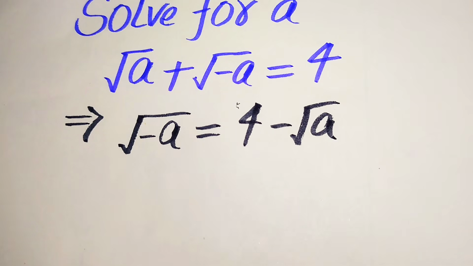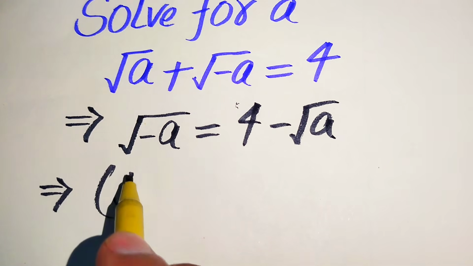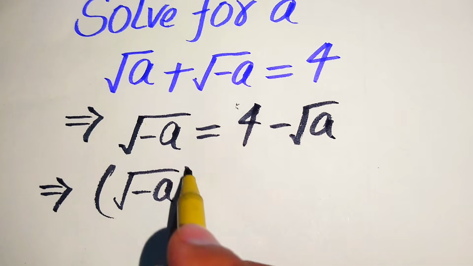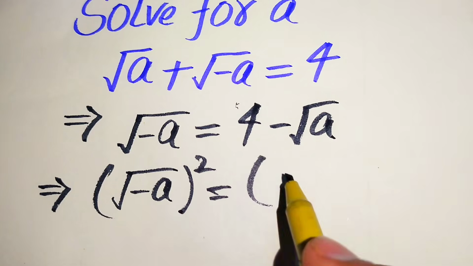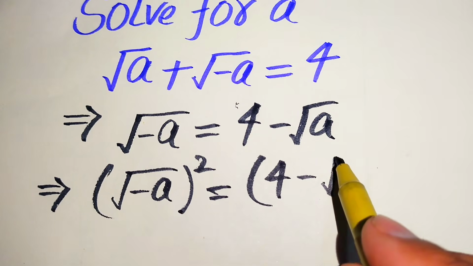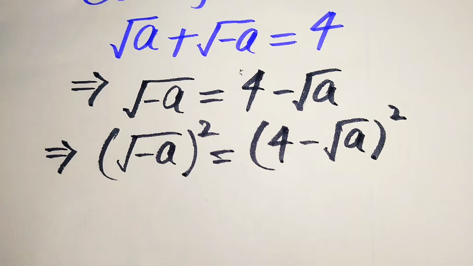And now for removing this square root sign, we take squaring on both of the sides, and it will be written as the square root of minus a, and its whole square, equals 4 minus square root of a, and its whole square.